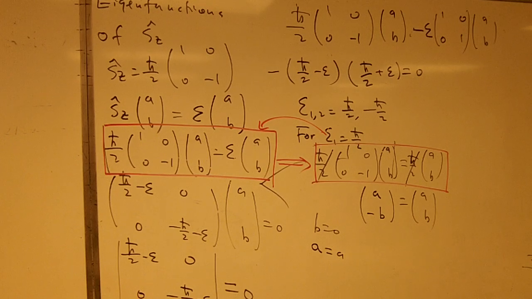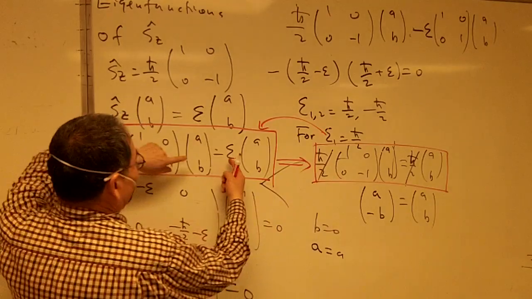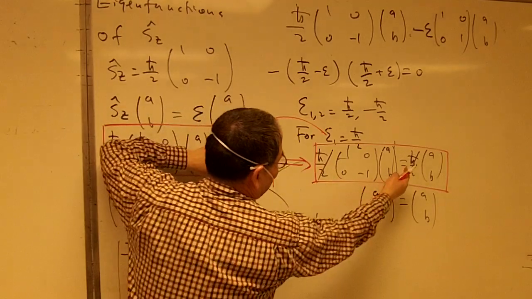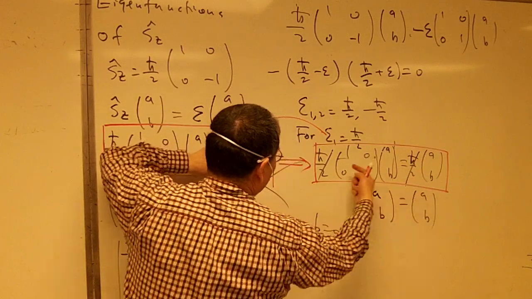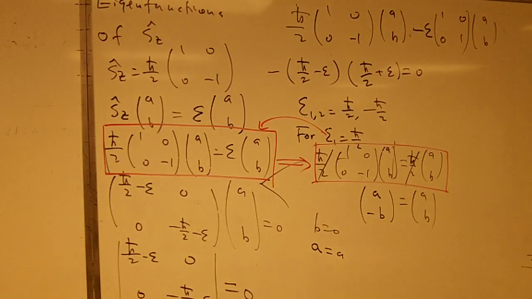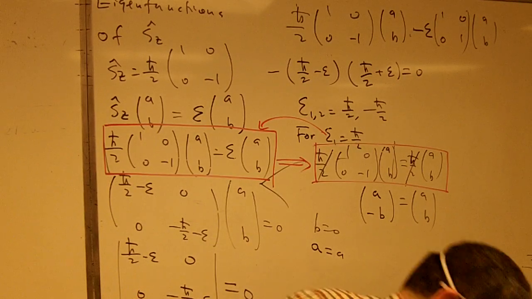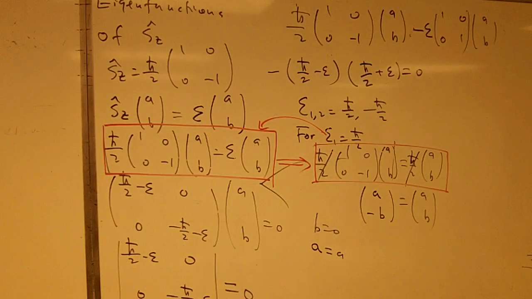So this is the equation you see here. And this epsilon is just h bar over 2. So that's what I get. I struggled a little bit about whether I should include this or not, and eventually I said, I think it's best to include that. That way at least students will know what that is.